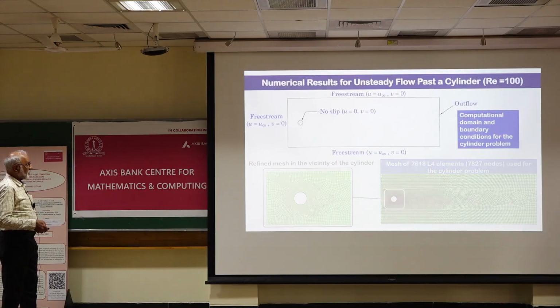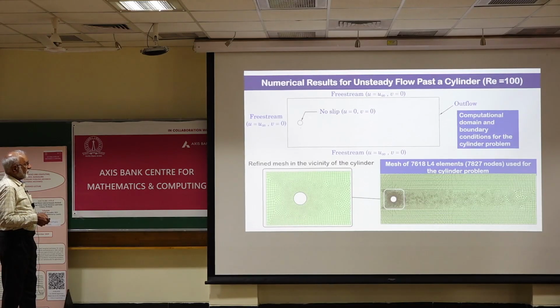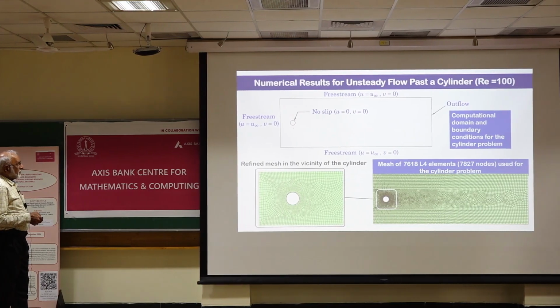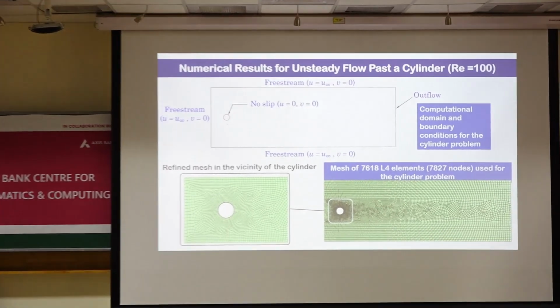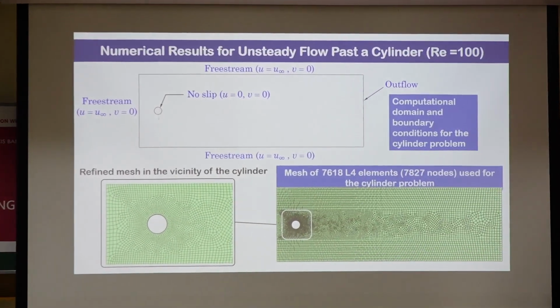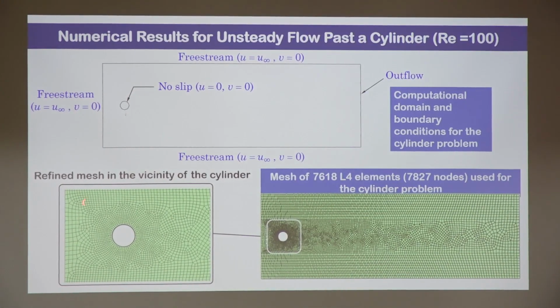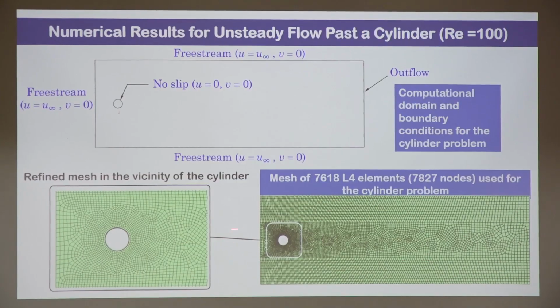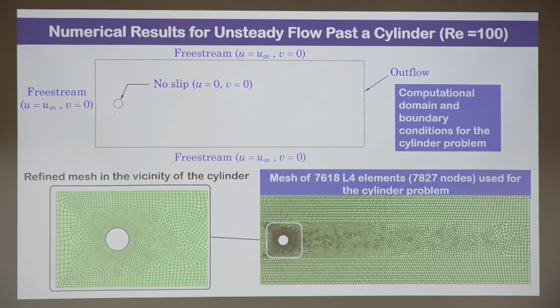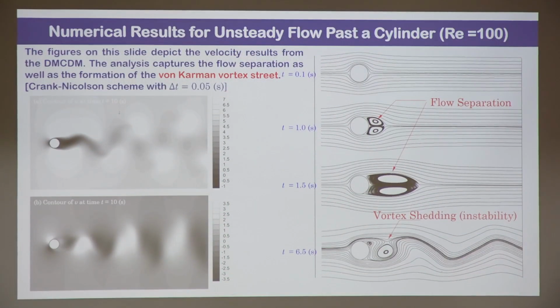I do have one of those here, see? You can think of this as a circular cylinder here, but you can put an aircraft cross section. So the flow is coming from here and goes over the body. Here is the mesh, and this is enlarged. So you can see how the flow develops.